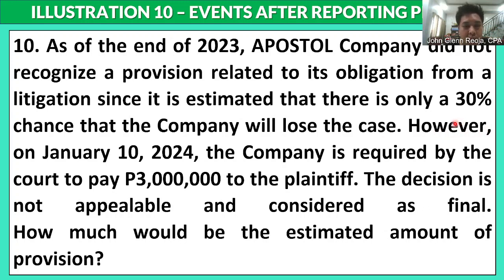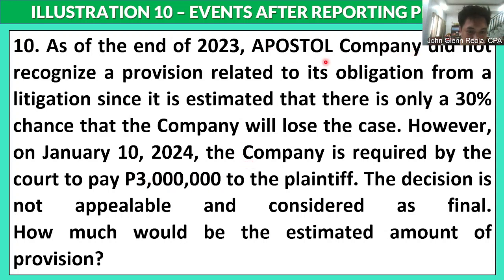However, on January 10, 2024, the company is required by the court to pay 3 million to the plaintiff. Is this an estimated amount? No. This is already the actual amount, and may final judgment na si court out of the litigation. So, dapat magre-recognize sa books si Apostol Company.